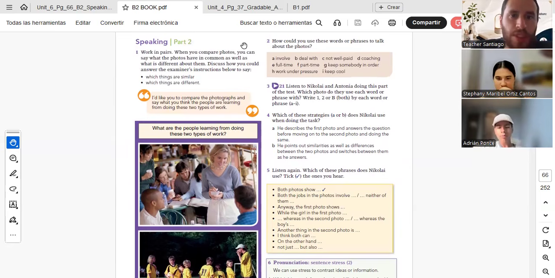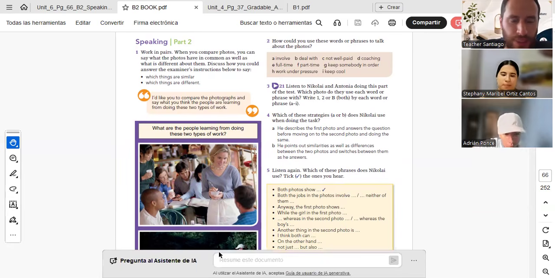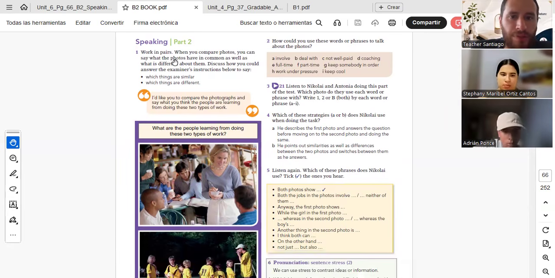Adrian, today we're going to practice speaking, okay? Oral production. So it says, when you compare photos, these two photos, you can say what the photos have in common as well as what is different about them. So differences and things in common. Discuss how you could answer the examiner's instruction below to say which things are similar, which things are different.